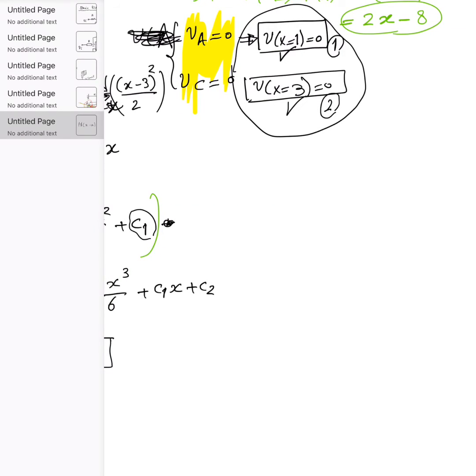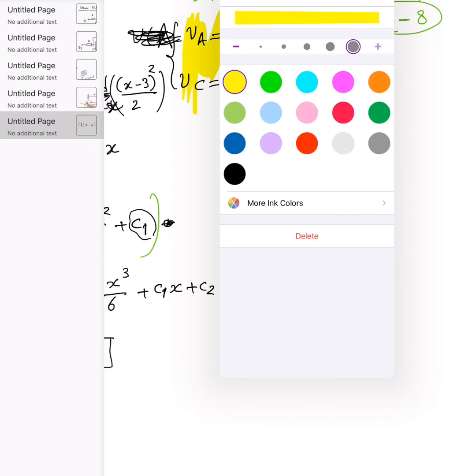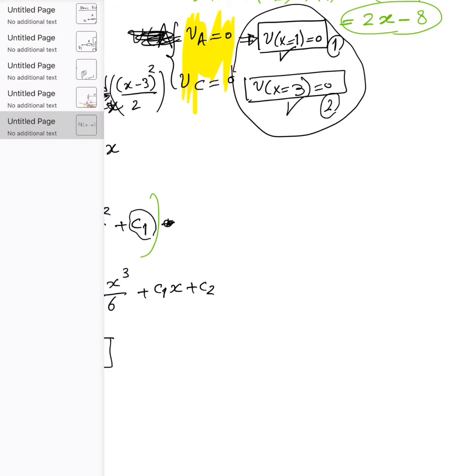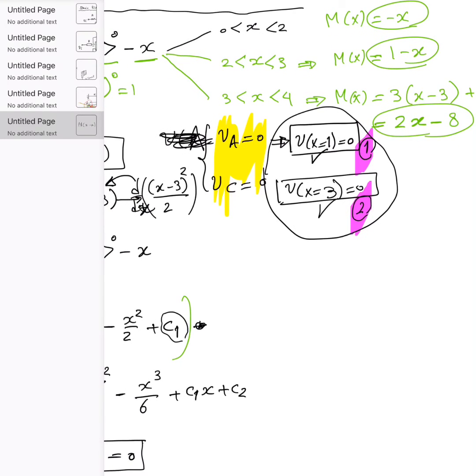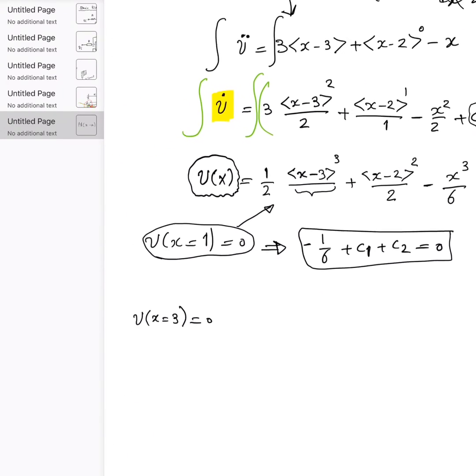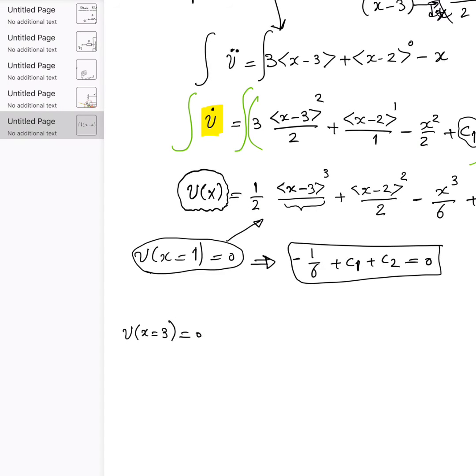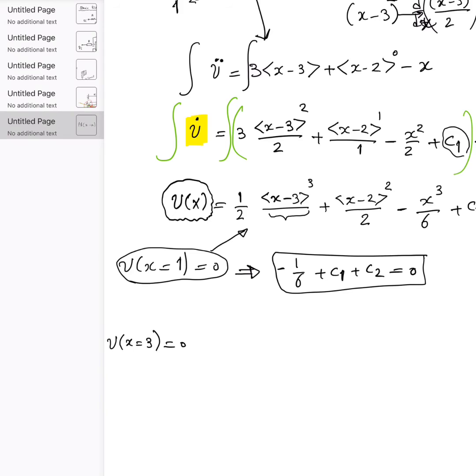This is the second condition right here. Equation number 2, highlighted. Need another color for highlighter, maybe pink. Equation number 2. This was equation 1. This one is equation number 2. So I'm using equation number 2 right now. V at x = 3 is equal to 0. So let's put 3 in this equation. What do I get?